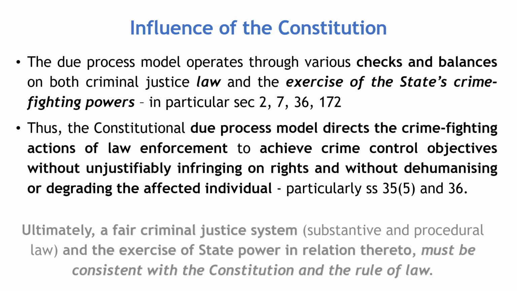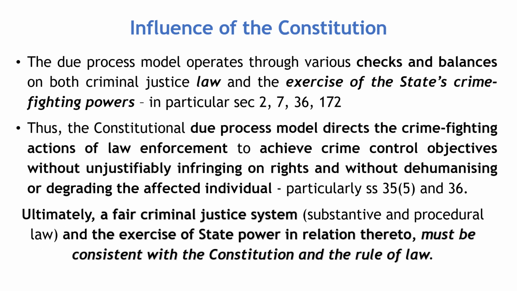So in short, the whole idea with our criminal justice system, our due process model, is that both the substantive and procedural law, together with the exercise of state power in relation to the criminal justice system, must be consistent with the Constitution and the rule of law.